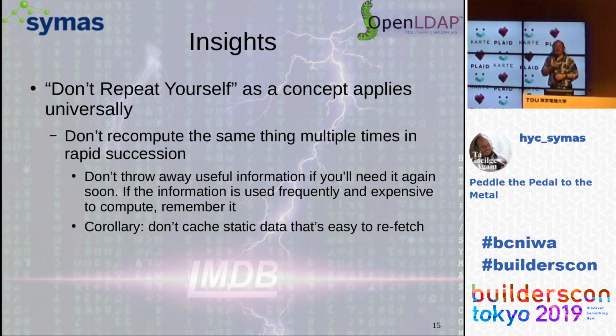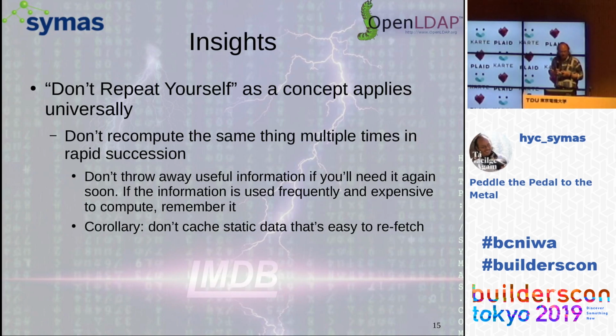All right, have you heard the phrase, don't repeat yourself, DRY? Normally this applies to the source code that you're writing, where you don't want to copy and paste things all over the place. You want to centralize as much as possible. I think the same concept applies to the runtime. You don't want your code to repeat itself in computations that it does.